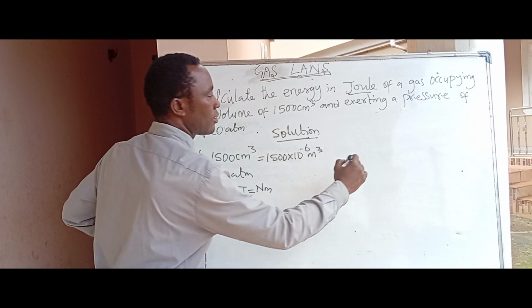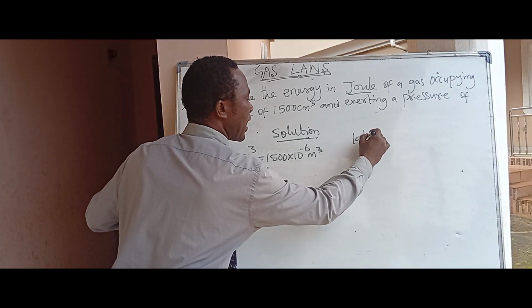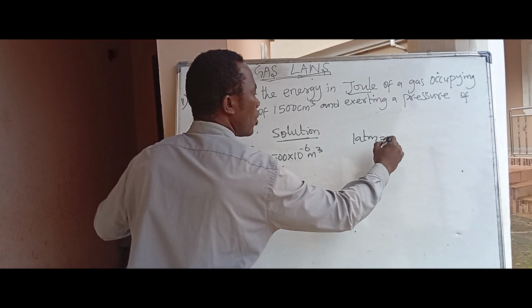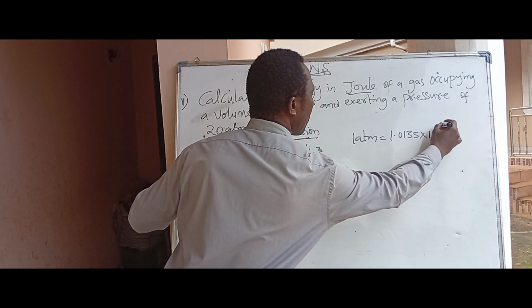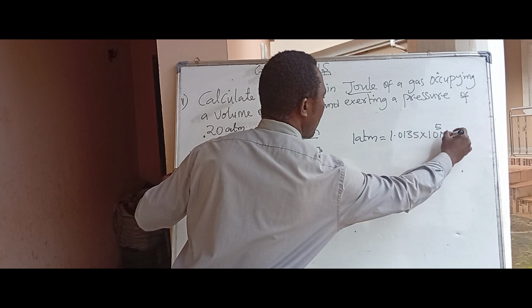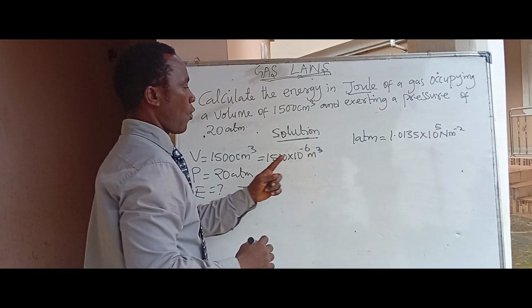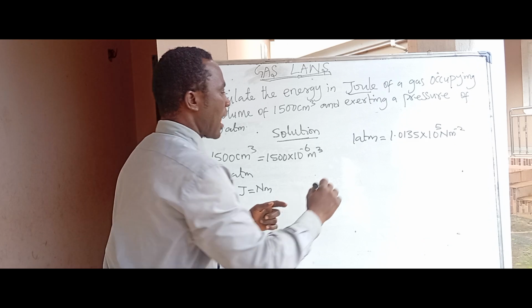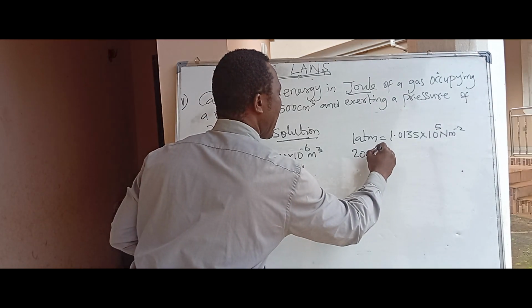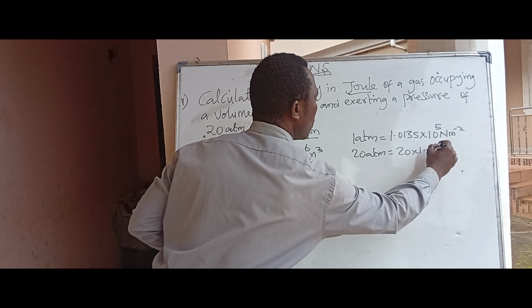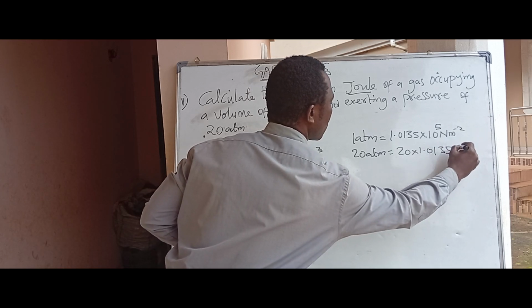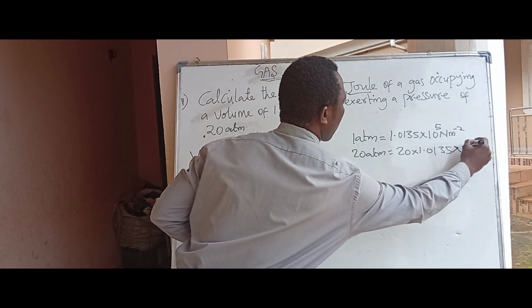But remember that 1 atm is equal to 1.0135 times 10 raised to 5 Newton per square meter. If 1 atm is equal to this, that means 20 atm should be equal to 20 times 1.0135 times 10 raised to power 5.